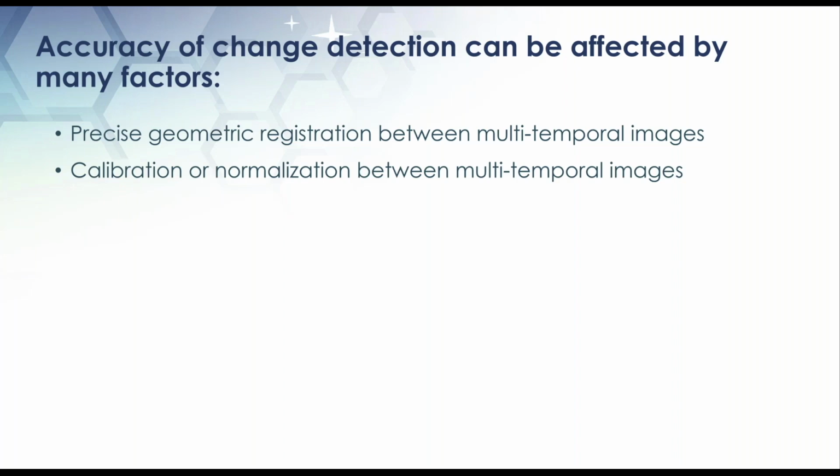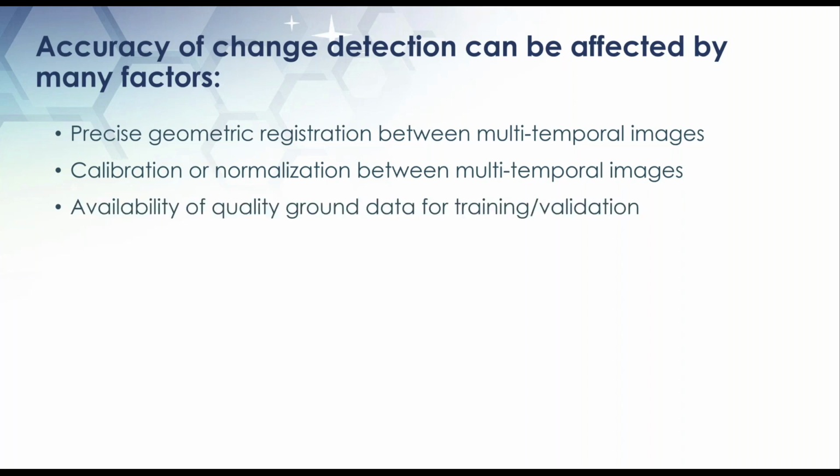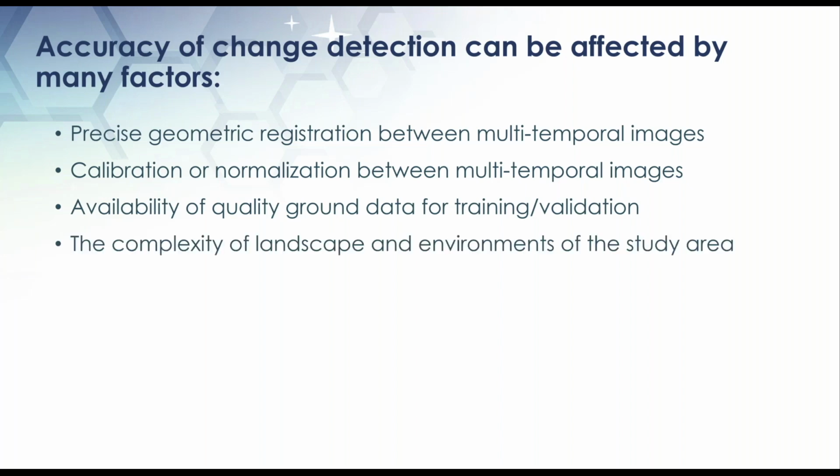So the calibration or normalization between multi-temporal images can also affect your accuracy of the change detection. And then obviously availability or quality of ground data for training or validation. And lastly, actually not lastly, second to lastly, the complexity of landscape environments of the study area can also affect your change detection. And as you've seen by doing the classifications, it can actually affect just about everything that you do in remote sensing.